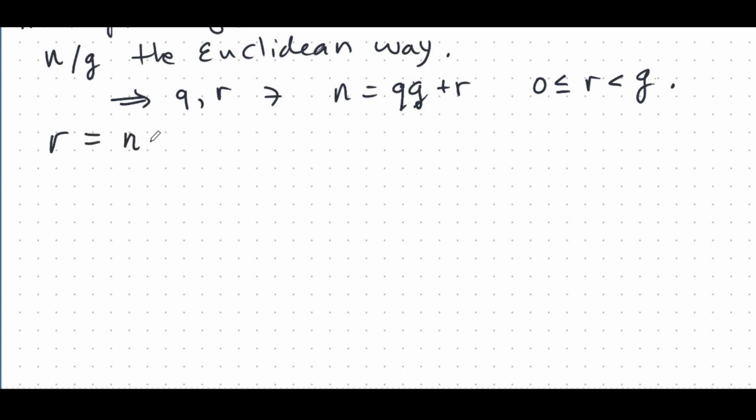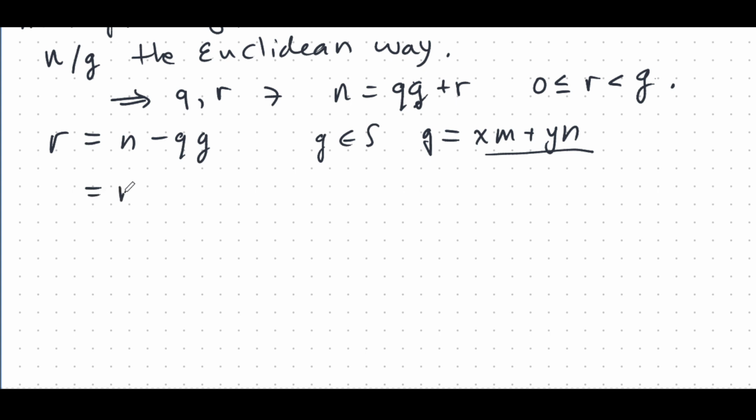And now let's write R is N minus QG. But again, G is in S, and so G can be written as some linear combination, because that's the definition of S. G is the minimal element in S, and every element in S can be expressed this way.